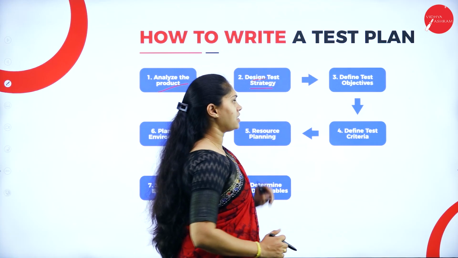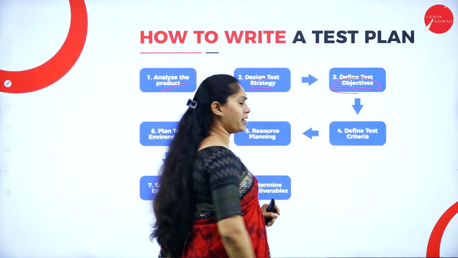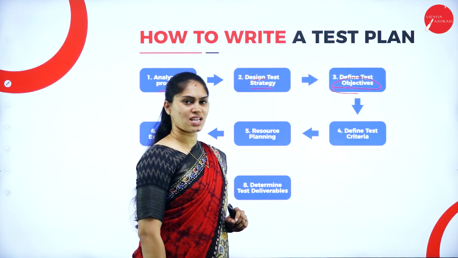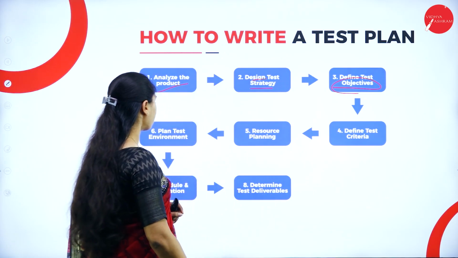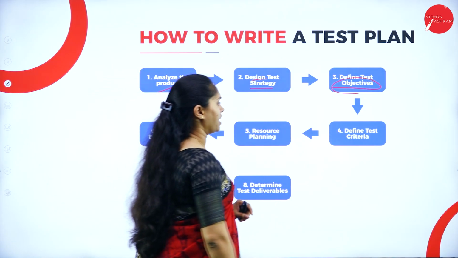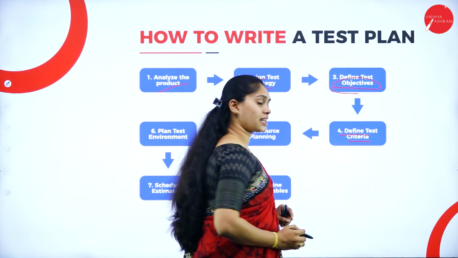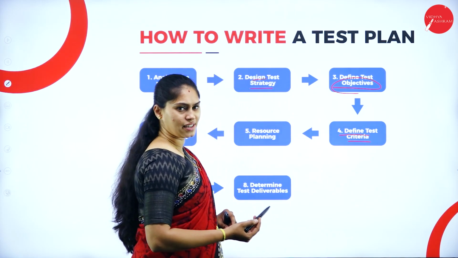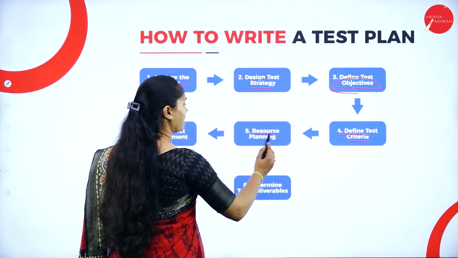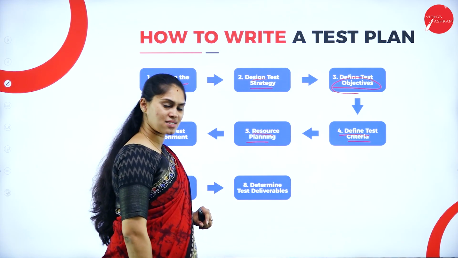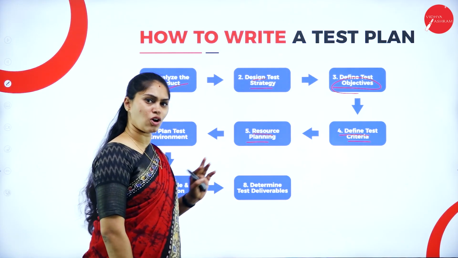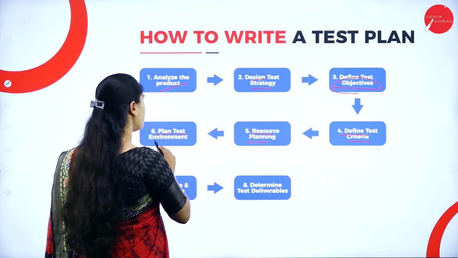After that, define the test objective. So we have to mention what the objectives are under the testing. In the fourth stage, we have to define the test criteria. Once the criteria of testing is given, then we have to plan for resources. That is resource planning. Once the resources are planned, then plan the test environment.